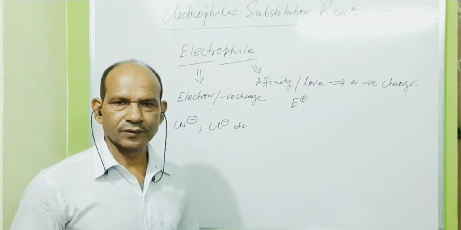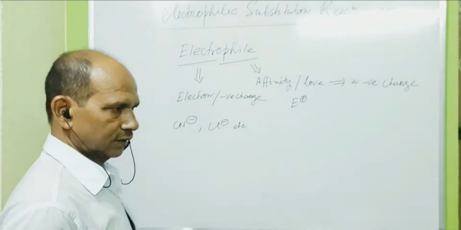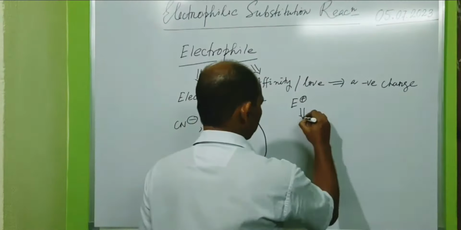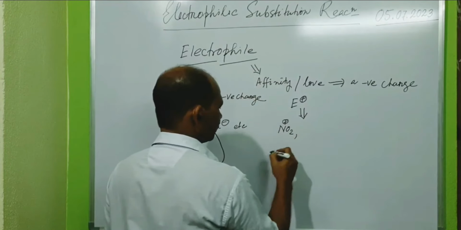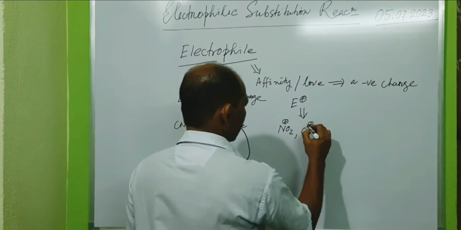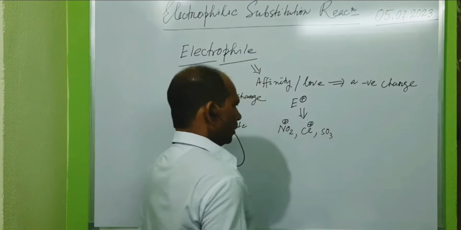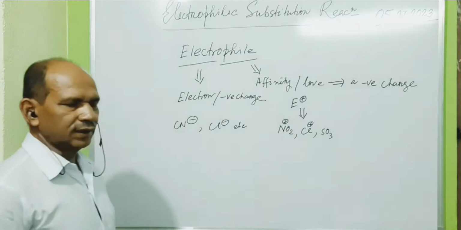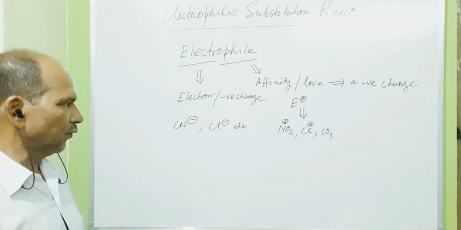Is that right? Yes. What are the examples of electrophile? Nitrogen cation, Cl plus. Now come to the point, a neutral species will also be an electrophile.